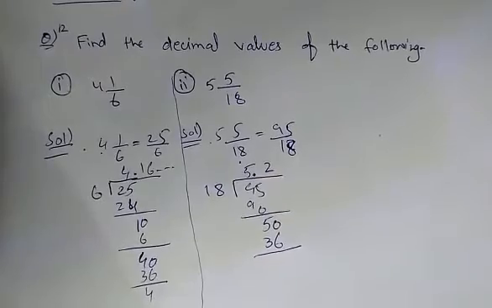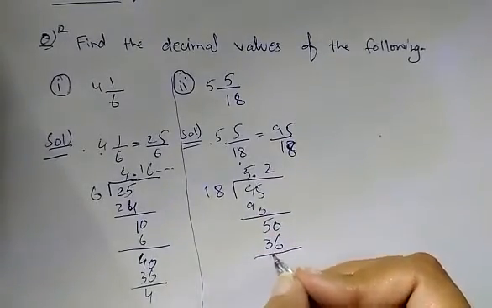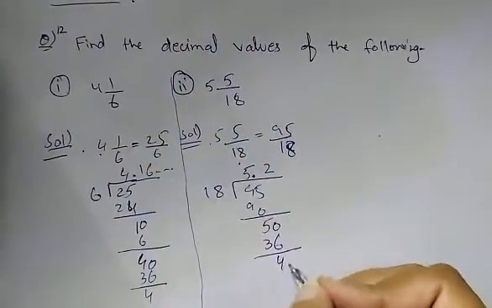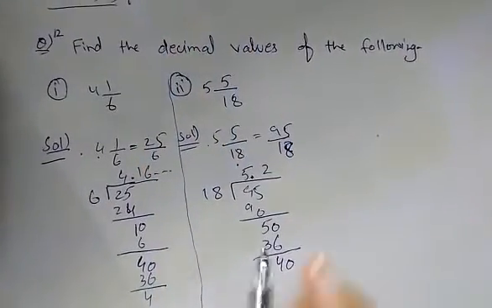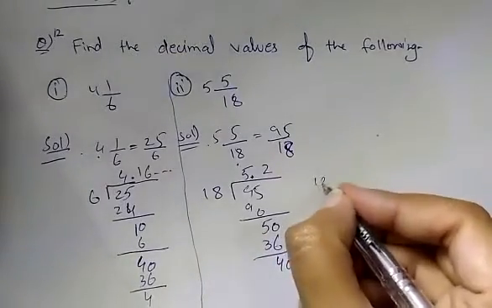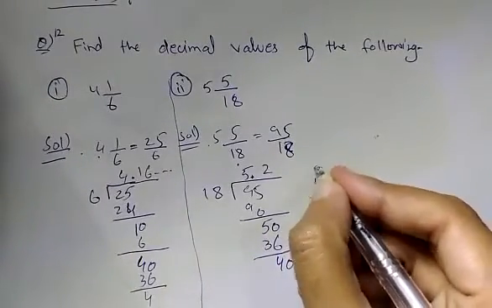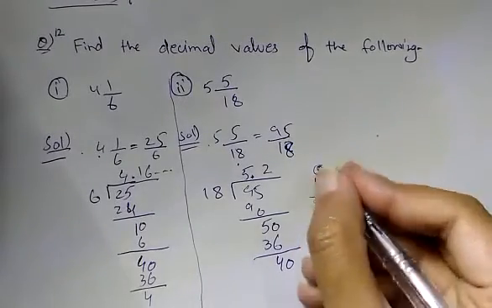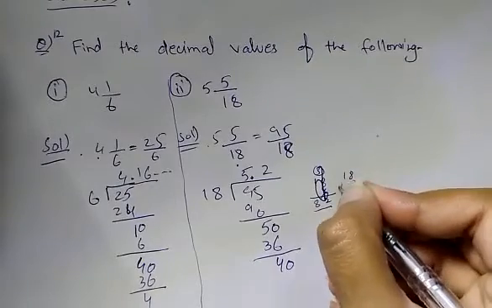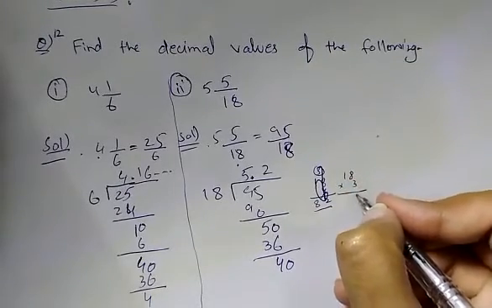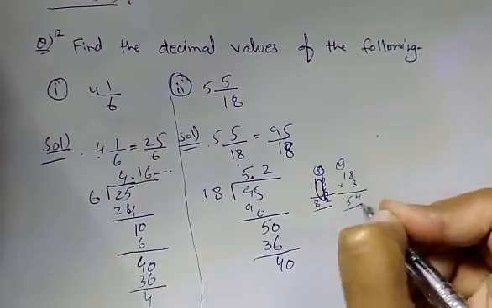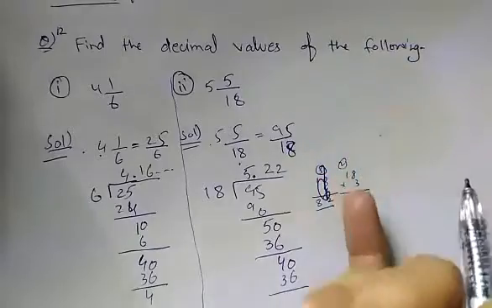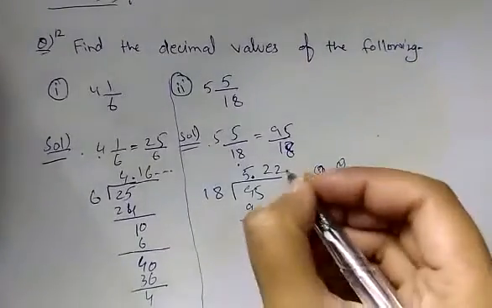If we subtract them, the answer is 4, and place here a 0. 18 3s are 54. So again 18 2s are 36, 37, 38, 39, 40. 4 is the remainder and this answer goes on.